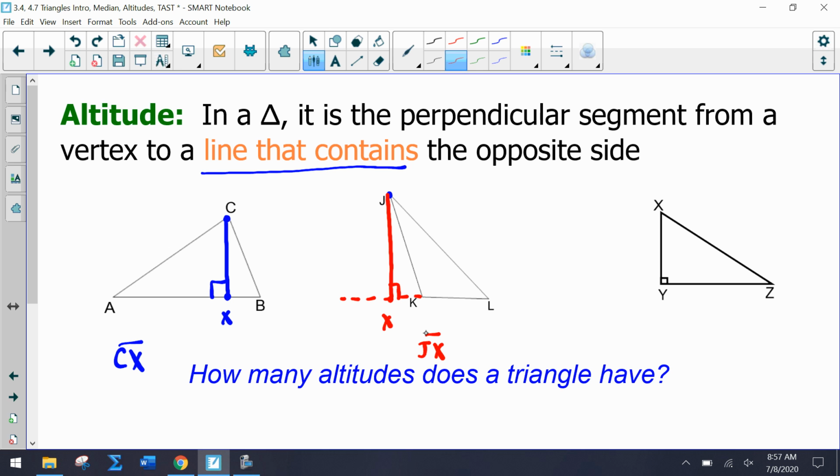So sometimes the altitude will be outside of the figure. And then if we're looking at this third picture, look, we have XY and YZ. Both of these would be considered altitudes because we have that right angle there. But in total, we have 3 points and we have 3 line segments in a triangle. Therefore, we will have 3 altitudes.